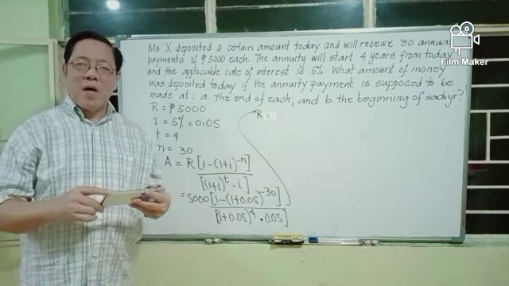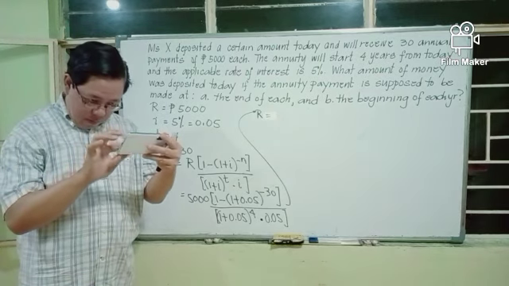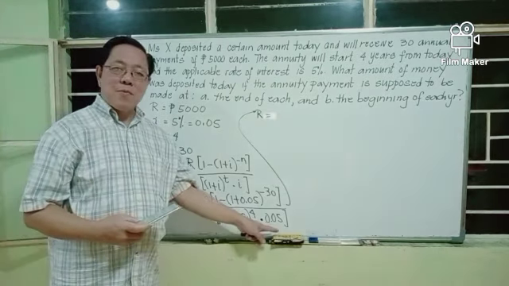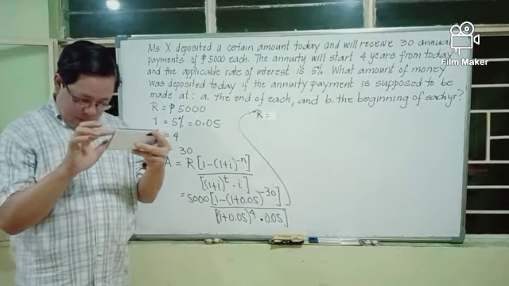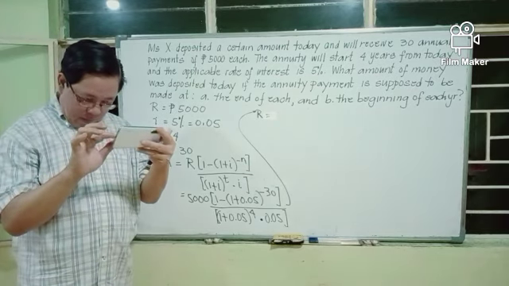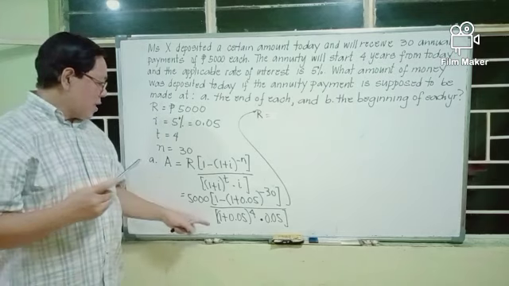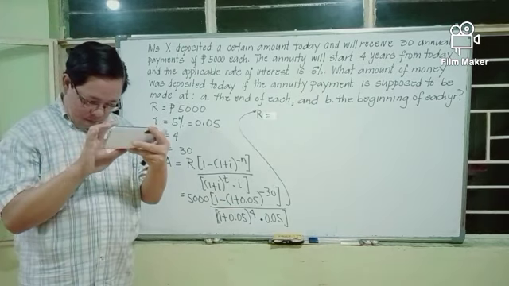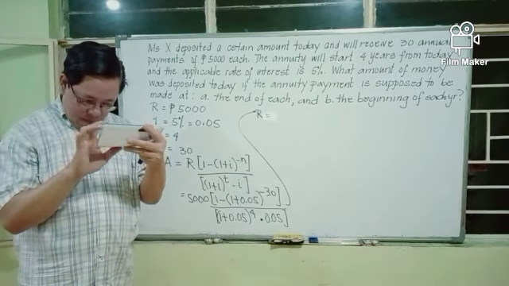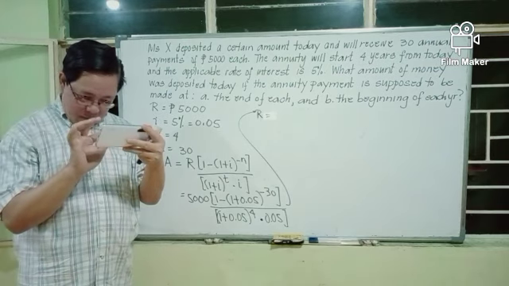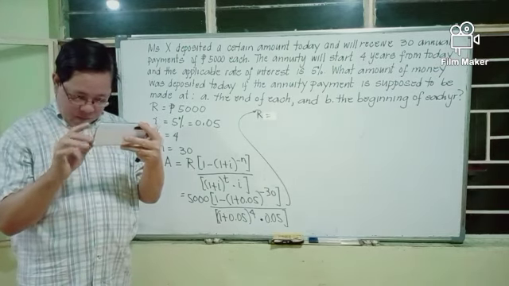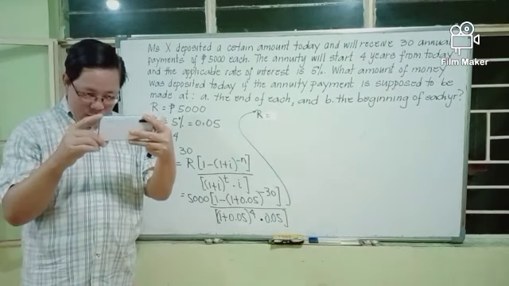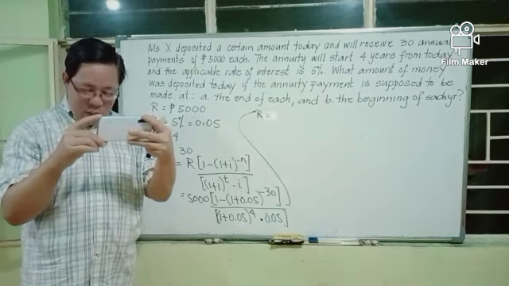And multiply by 5,000 pesos. And divide by 0.05. And divide again by 1.05 to the power 4. And to 2 decimal places, you should get 63,234.77 pesos.